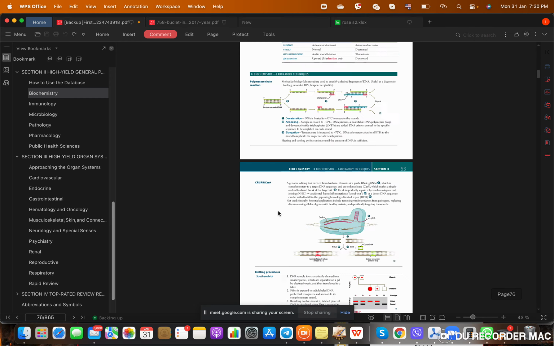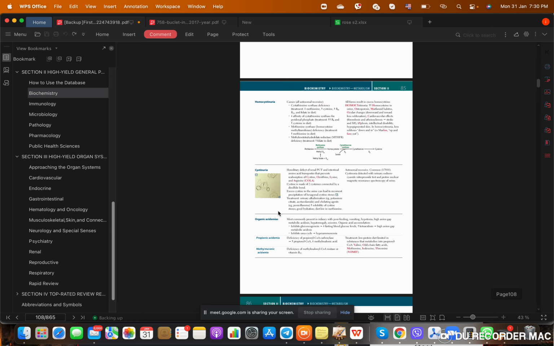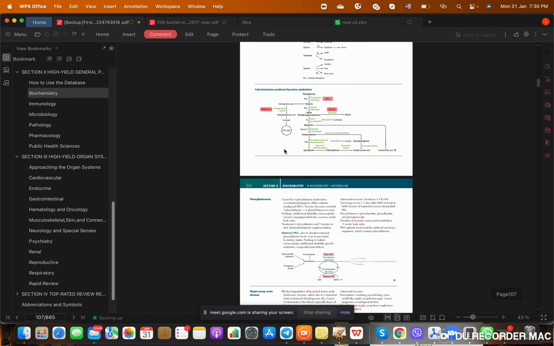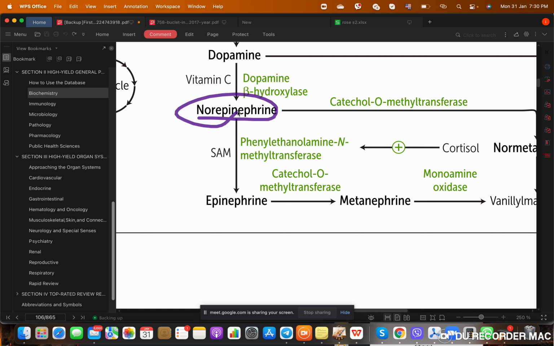Just a second. If you see, the norepinephrine can be converted to epinephrine using this long-named enzyme that you don't have to know, but it's stimulated by cortisol.